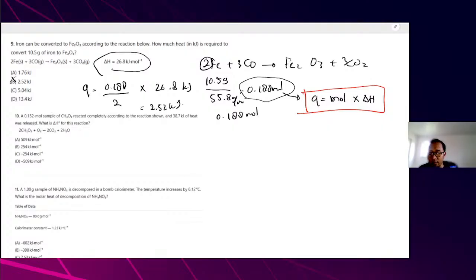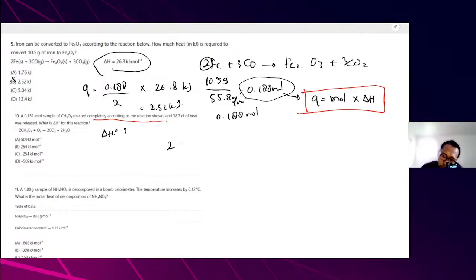All right, now we are moving on to another part again. What is ΔH for the reaction if 0.152 mole sample of this one reacts completely according to the reaction shown and releases heat? What is the ΔH of the reaction?